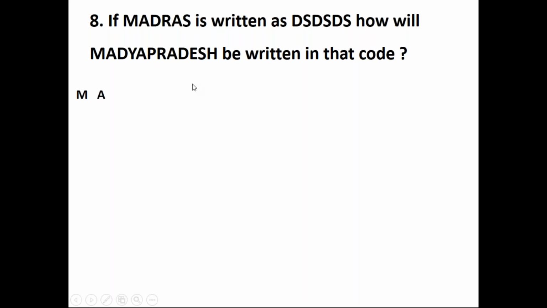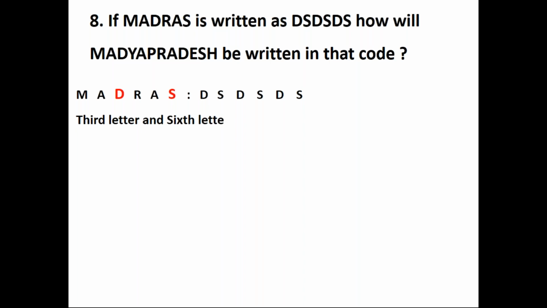So these are multiples of 3 positions. The number of letters depends on the word. In Madhya Pradesh, we take multiples of 3. The third letter, sixth letter are repeated, but in Madhya Pradesh 12 letters are there.